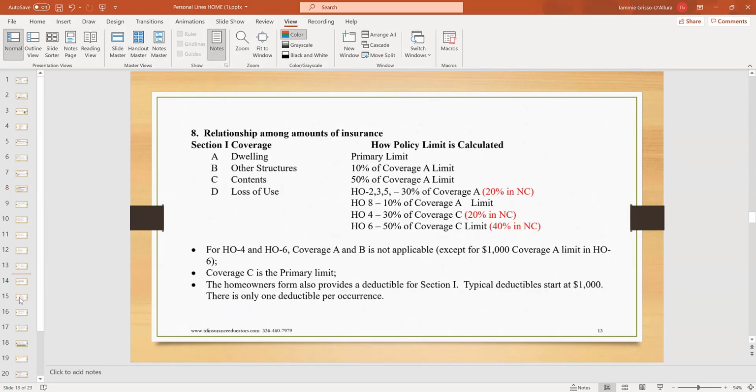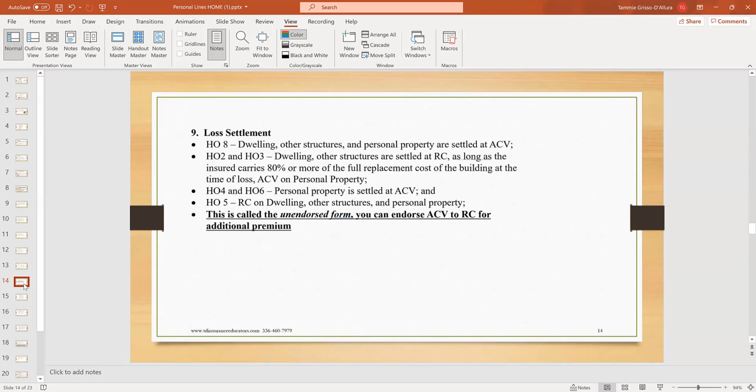Okay, so we talked about relationships, and now we're going to talk about loss settlement. Your loss settlement is whether this is actual cash value or replacement cost. Now, what is actual cash value? Actual cash value is that situation where you will not get any type of replacement cost.